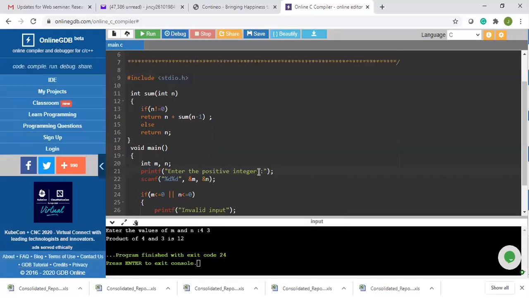Integer will have only one %d, because there is only one number that we are going to accept from the user. Okay, and then we have to call.